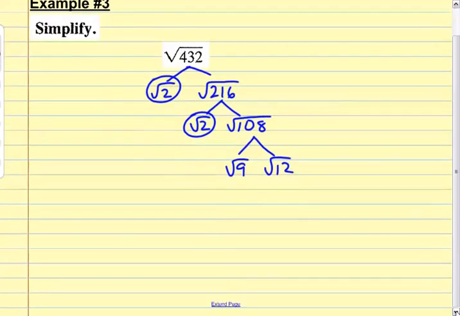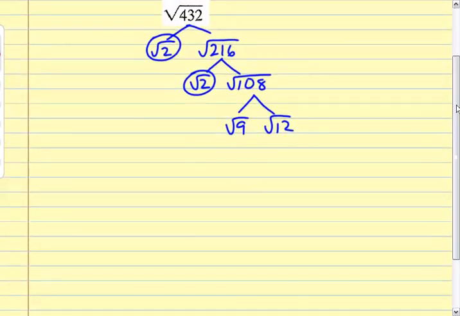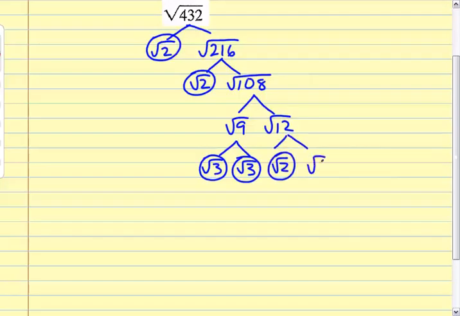Okay, let's keep breaking that down. There we go. This is root 3 times root 3. They're both done. You'll see that'll turn into 3. This is going to be root 2 times root 6. And then this is going to be root 2 times root 3.